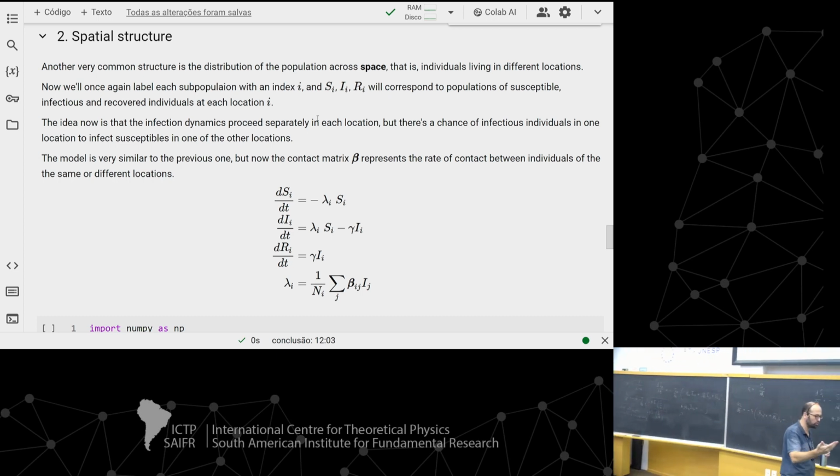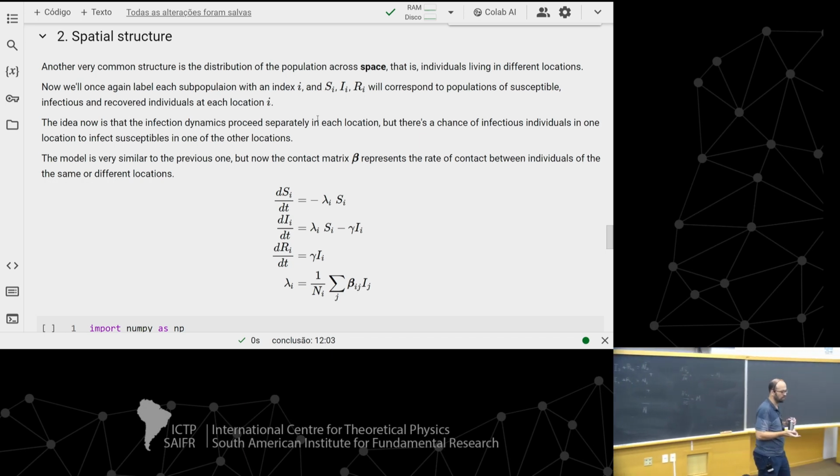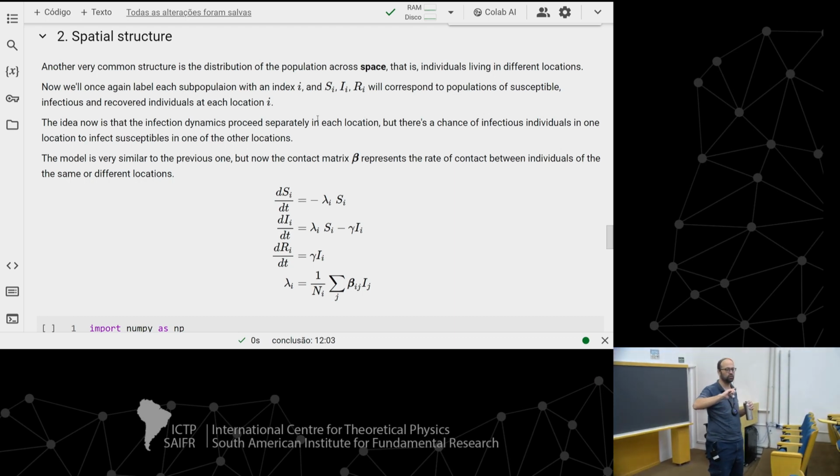So they're traveling between cities, and what actually establishes a contact between cities is this: suppose that city 1 is having an epidemic, and you are looking at individuals in city 2.